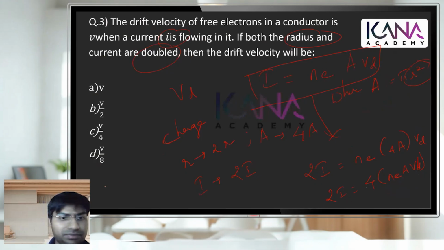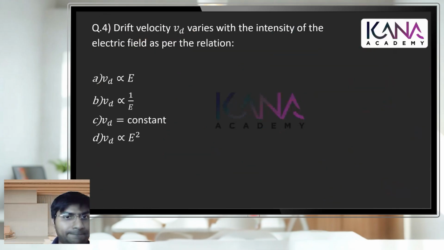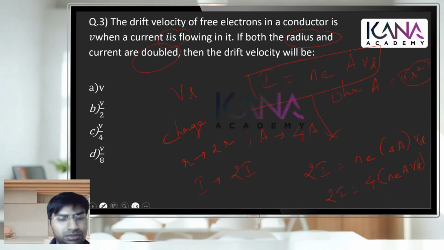We can write this as 2 times N e A v d equals 4 times N e A v d dash.